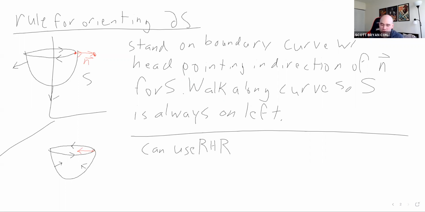You can use a right-hand rule sometimes. For some surfaces it doesn't really work, like for a cylinder, but for stuff like this, it does.